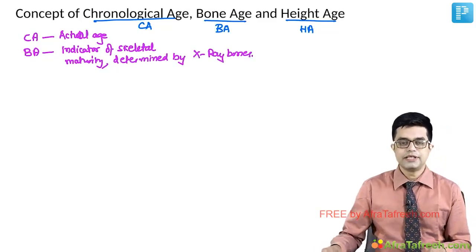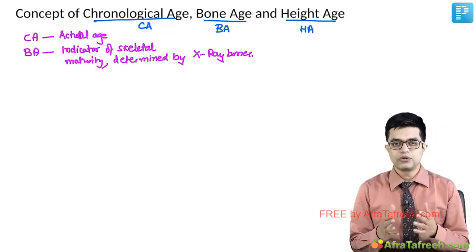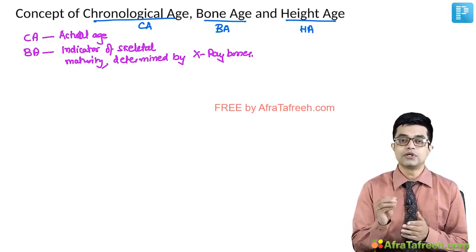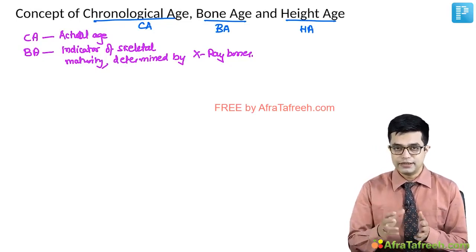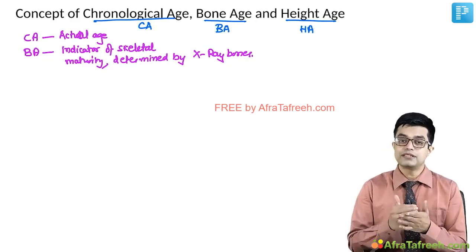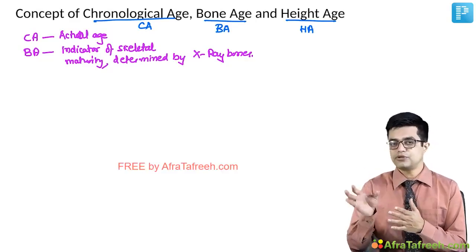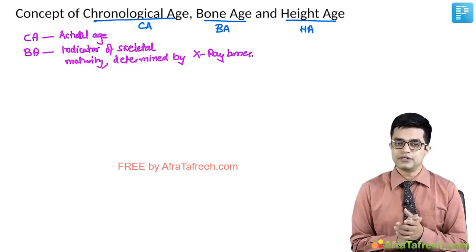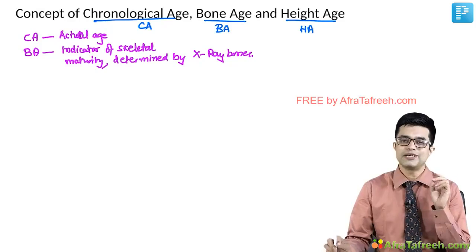So what we do is we take X-ray of the bone, depending upon what age different bones can be used, you look at the number of ossification centers, then you take the help of charts and you calculate the age based upon X-ray. It is not the actual age, it is the age based upon X-ray of the child. So that is an indicator of skeletal maturity.